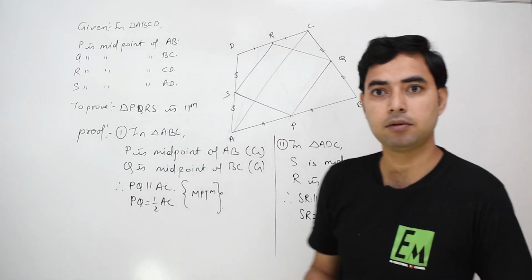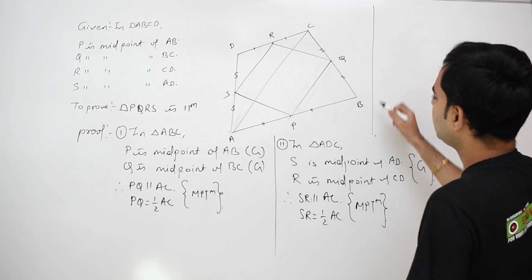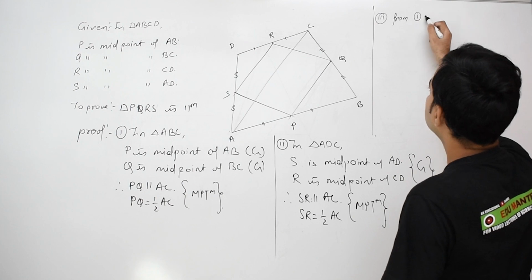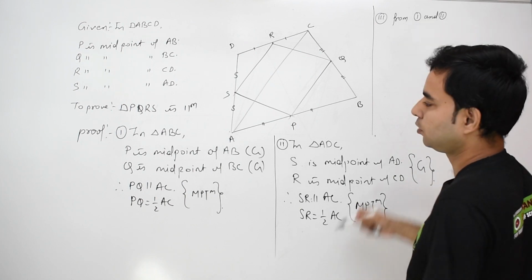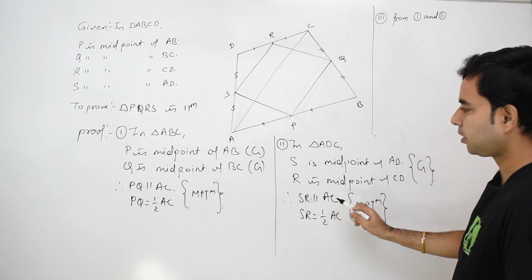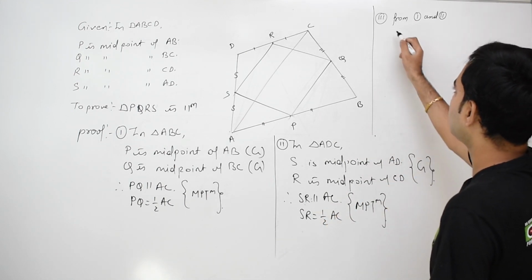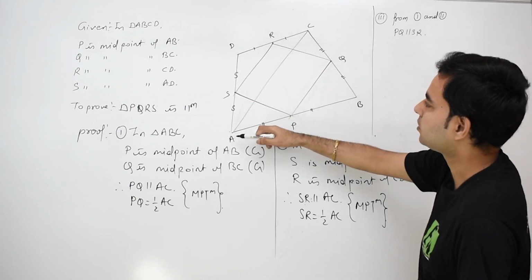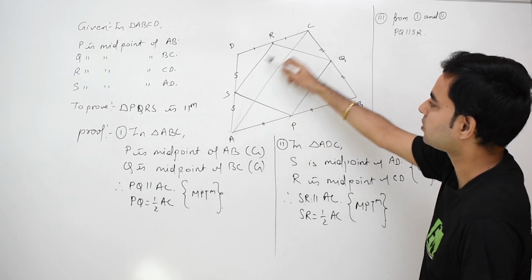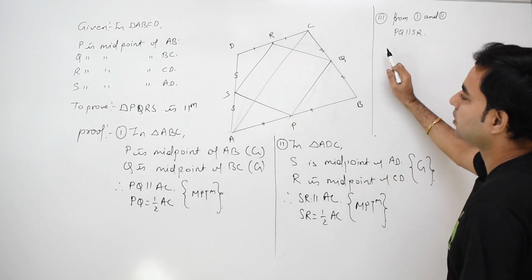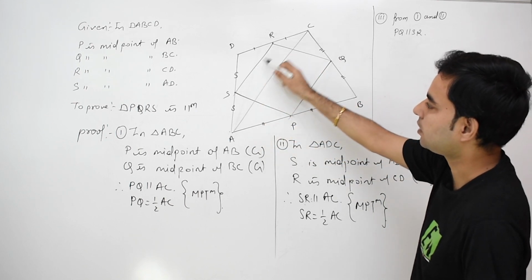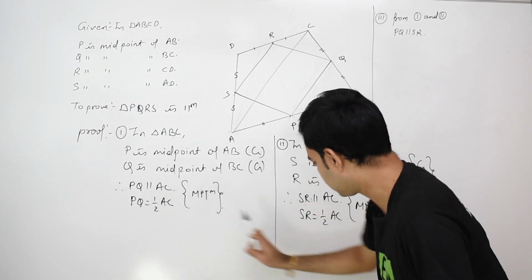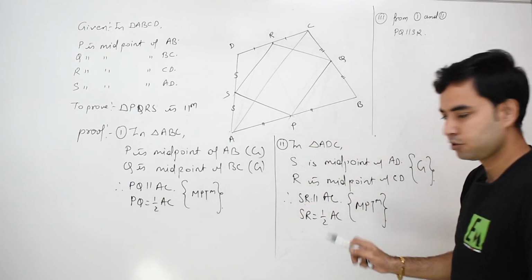अब इससे हमको क्या मिला देखते हैं. थर्ड पॉइंट में, from 1 and 2, PQ parallel to AC, SR parallel to AC, it means that PQ parallel to SR. मतलब SR AC को पैरेलल था, PQ भी AC को पैरेलल था, तो SR is parallel to PQ. And again PQ is half of AC, SR is half of AC, means these two things are half of the same thing, so they are equal to one another.